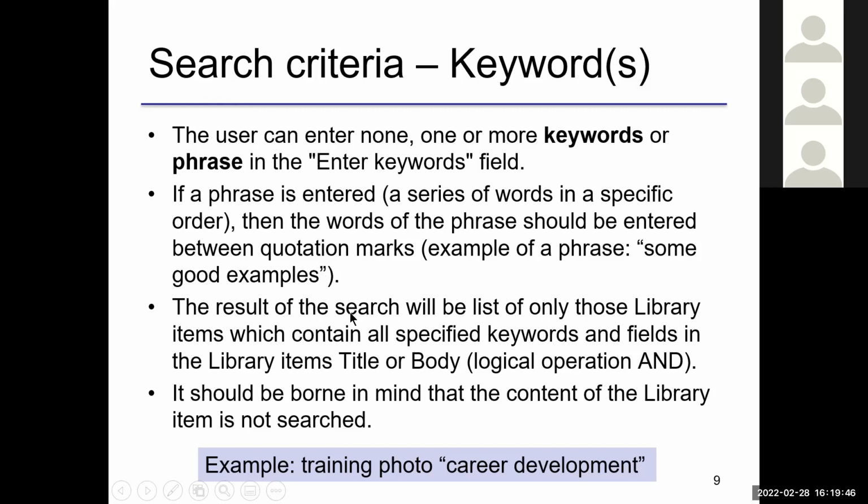Let's say if you put only one keyword, you will get a list of all those library items which have this keyword either in the title or in the body. It should be borne in mind that the content of the library item itself is not searched. Why? Because it is not possible to search, let's say, in an image or in PDF documents or something like this.